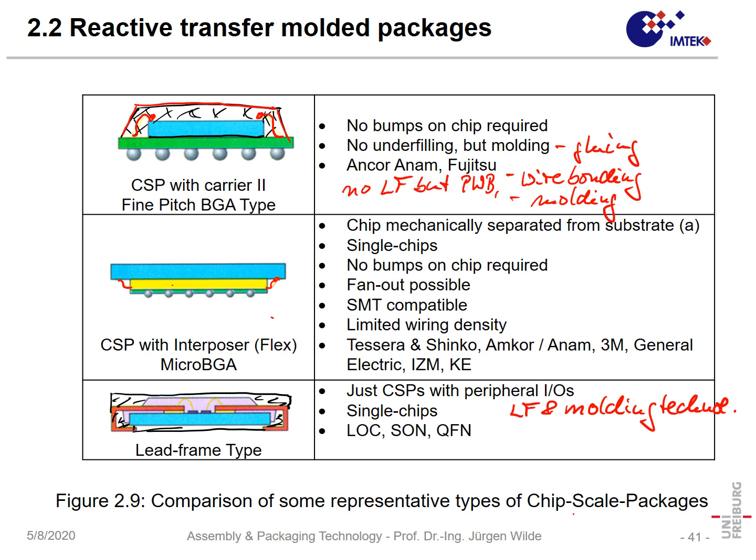That is a so-called fan-in micro BGA. Fan-in means we come from the outside of the chip to the inside in order to make these interconnections. And I think that's not so important. These two types are really important.